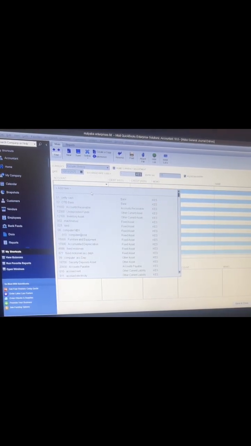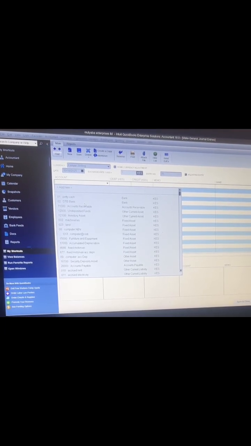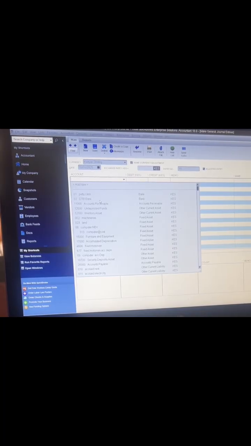So here we are going to credit the bank account and debit the drawings account. And that is DTB Bank. We are choosing DTB Bank because this is the default account for payments.